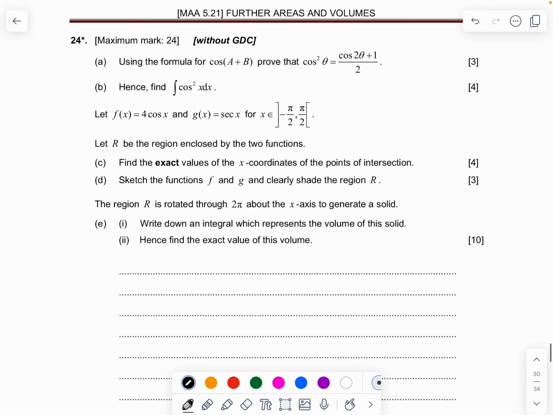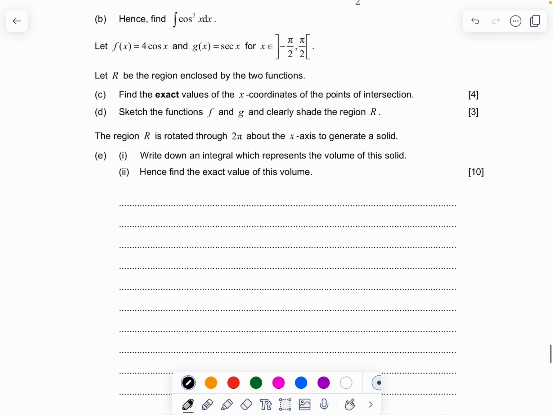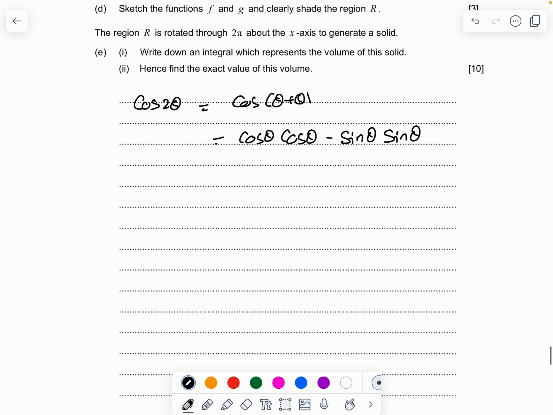Question number 24. Use the formula for cos(A plus B) to prove that. So cos 2 theta can be written as cos(theta plus theta), which is cos A cos B minus sin A sin B. So that is cos squared theta minus sin squared theta.